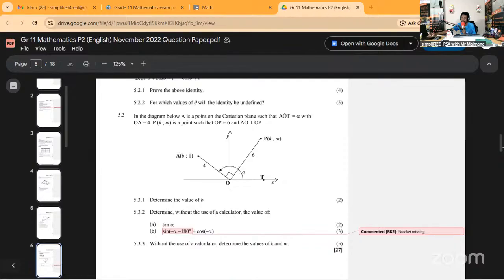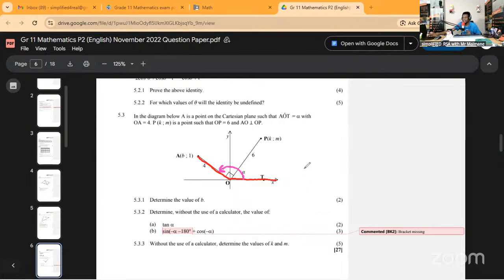So AOT is from here. AOT is alpha like that.